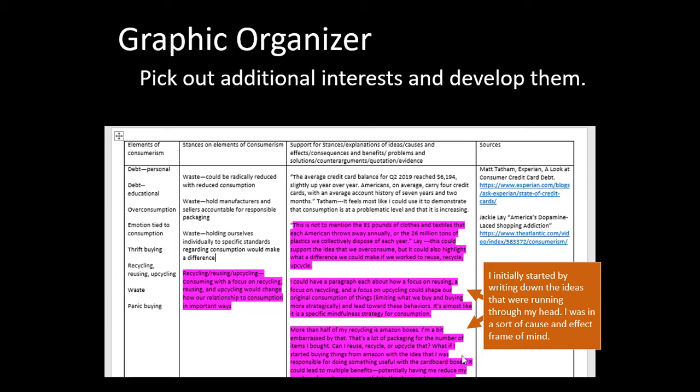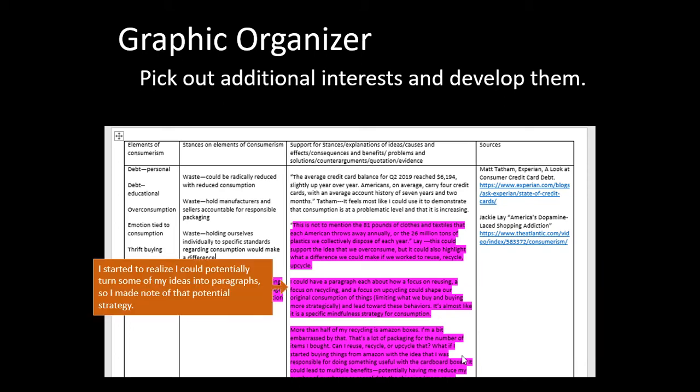So I let it be messy. I wrote down all of my ideas here. And if you read the details, I was kind of in a cause and effect frame of mind. So I let that lead me with where I was going. But I kept going until I got the ideas kind of shaped up and laid out in that column.